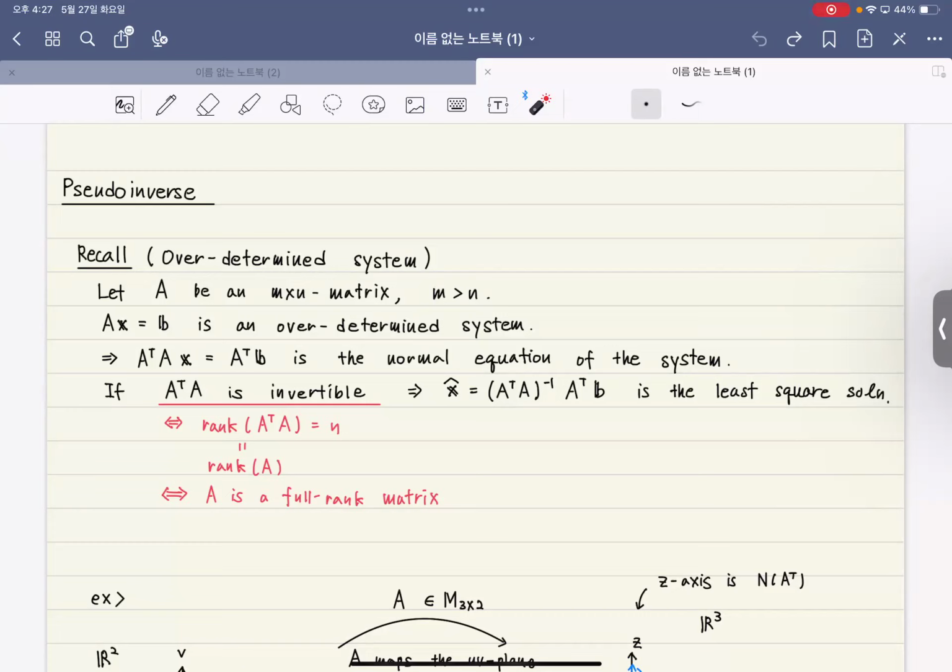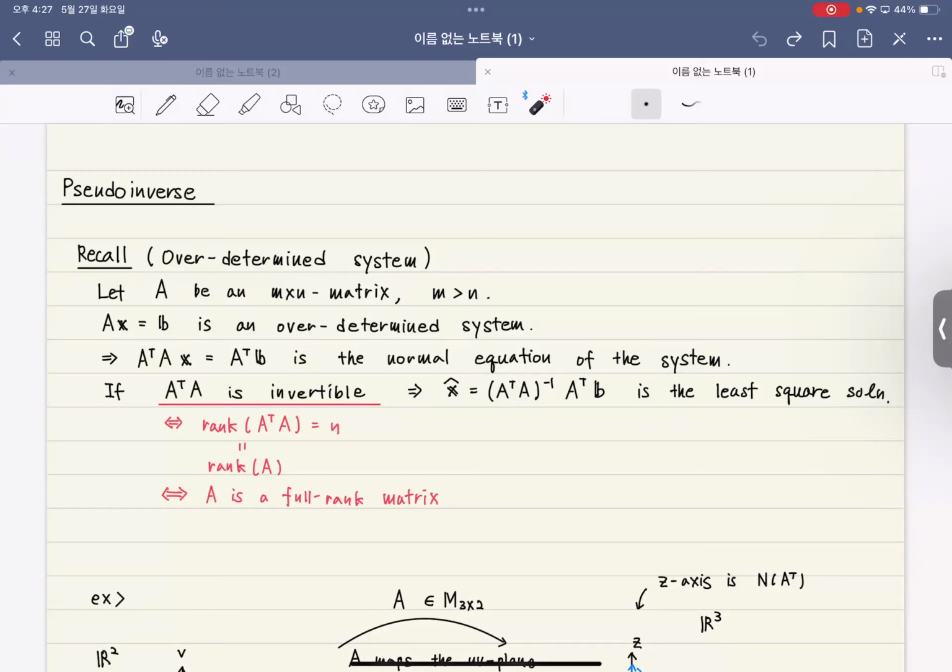Even though you cannot define the inverse of the non-square matrix A, you can somehow make an inverse between the row space and the column space, because they are isomorphic, right? They have a bijection. If we restrict ourselves to the row space and the column space, then you can define the inverse map, an inverse linear transformation between these two spaces.